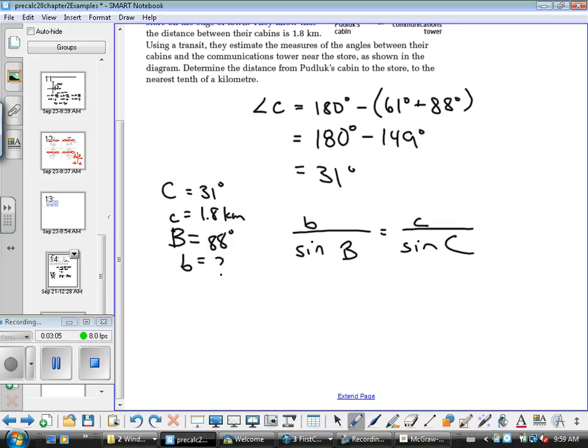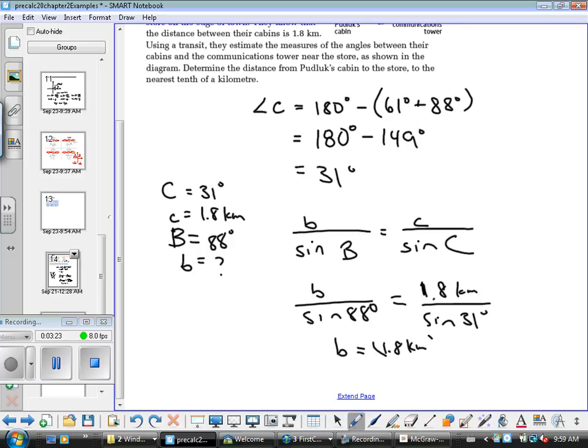So substitute those values in. B over sine 88 degrees equals 1.8 kilometers over sine 31. If you want to multiply both sides by sine 88 before you put anything into your calculator, that's okay. 1.8 kilometers times sine 88 over sine 31.